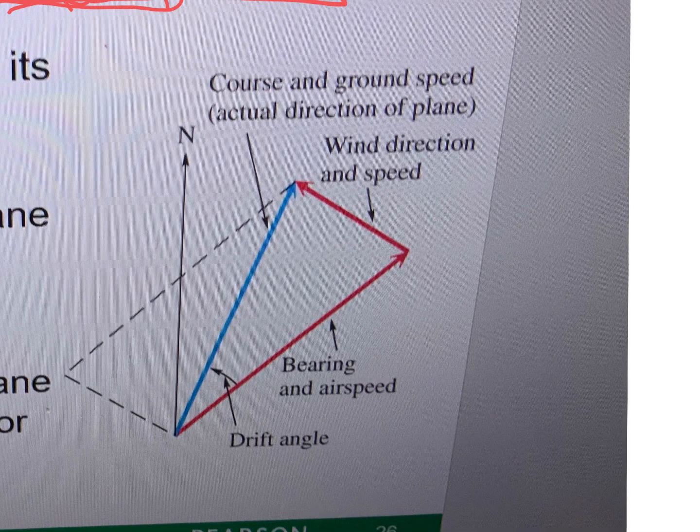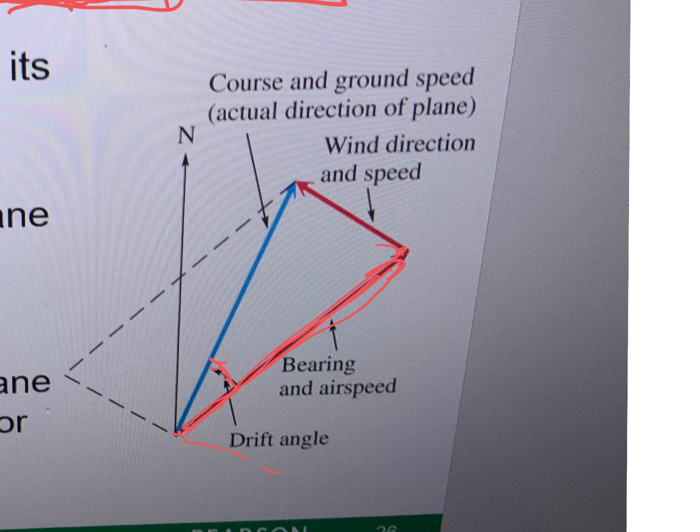So picture it, it's in our book, and it's also in our PowerPoint. You've got a plane that has a bearing and airspeed. Bearing is the direction, because you have this angle here. Even if you draw it out, it's an angle. Direction is always the angle.